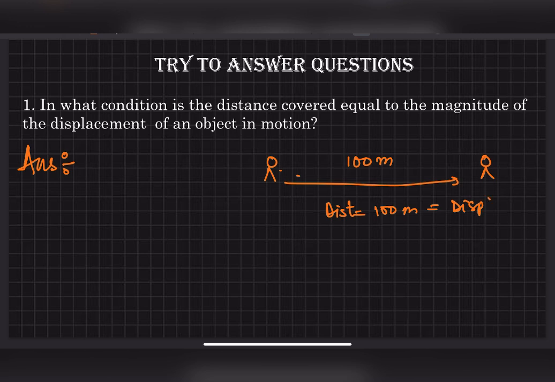So if you are traveling in a straight line, in one direction, then we say distance is equal to displacement.